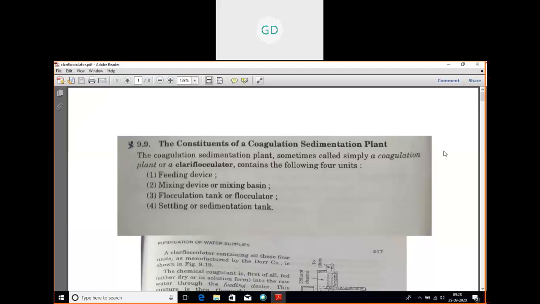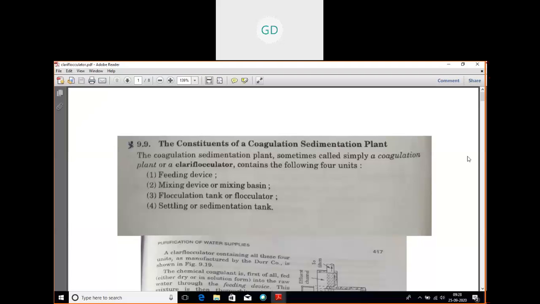So this is a part of your coagulation aided with sedimentation part. This is just a constituent, like where you are performing the coagulation aided with sedimentation.